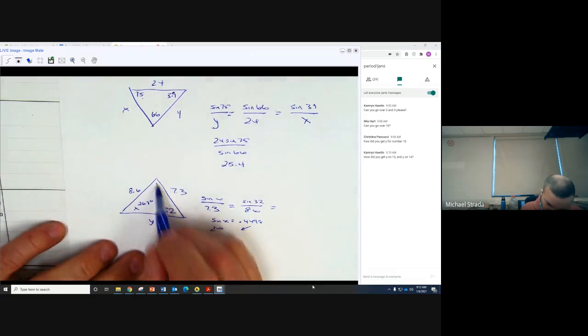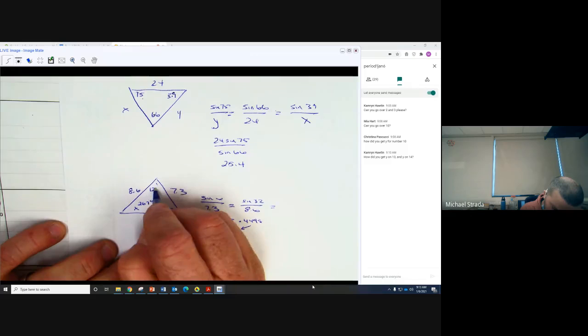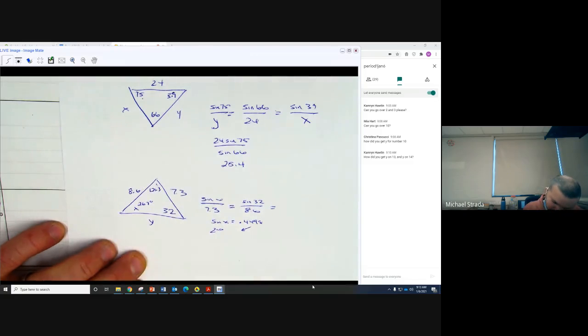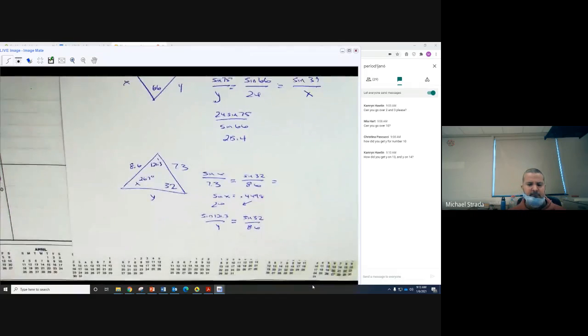Now to get this angle up there, I'm going to add these two together and subtract from 180. That gives me 121.3. So now I'm going to go back. Sine of 121.3 over y equals sine of 32 over the 8.6.